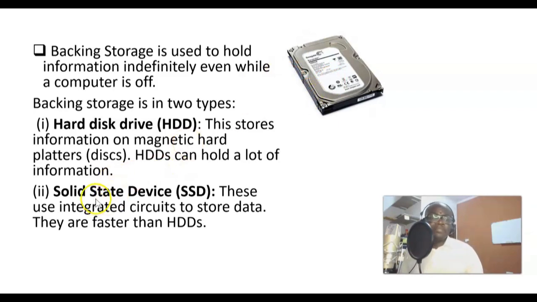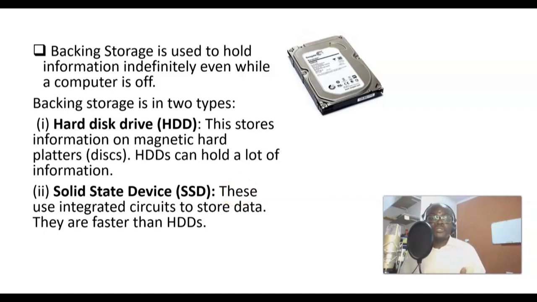There's another type which is becoming very popular on the market. It is known as solid state device. This one does not use some sort of platters or disks. It uses some circuits. You know, I believe you've learned about circuits, where you can connect a bulb to this other component.